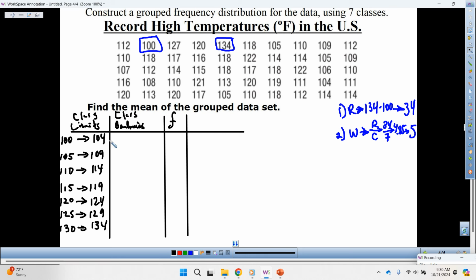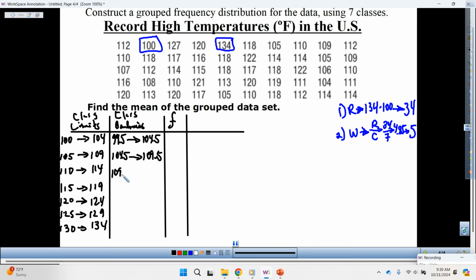Jessica, what do I write? 99.5 to 104.5. That is correct. All right. Next one, Anna, go. 104.5, 109.5, and so on and so forth.